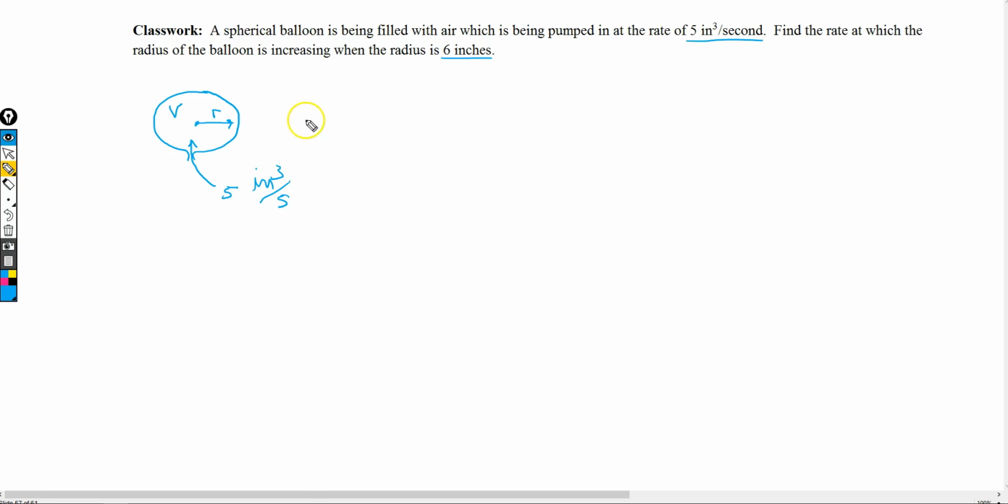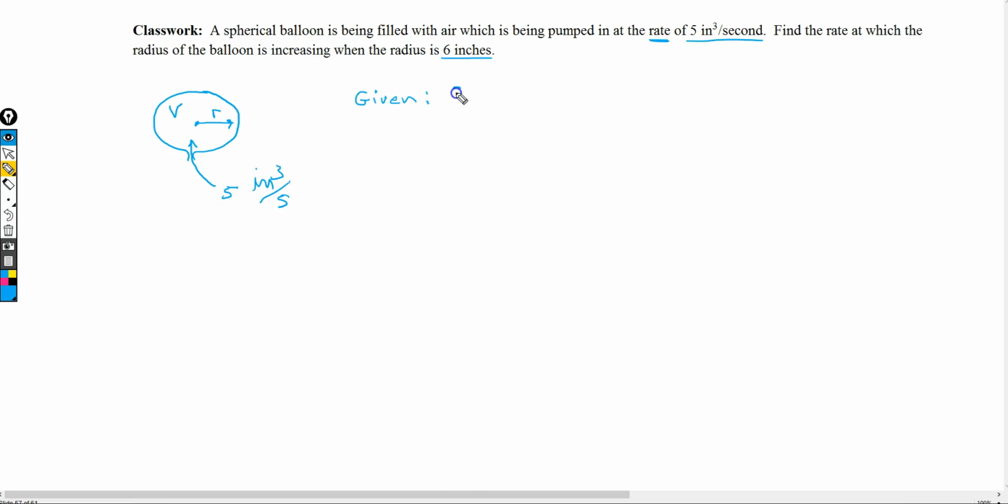Now, let's see, what are we given? We're told that air is being pumped in at the rate. As soon as we see the word rate, that means we're given the derivative of something. If you look, 5 cubic inches, that's a volume. So we're given the rate of change of the volume.